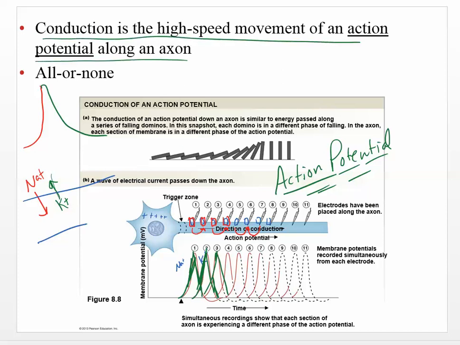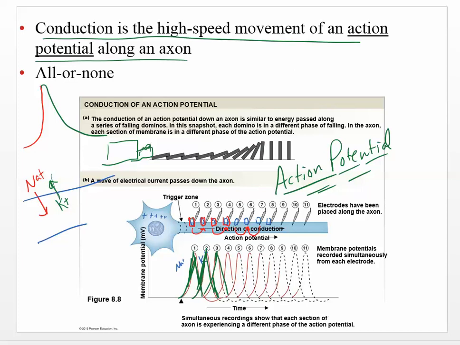Now, it kind of works like dominoes. The other important thing about dominoes is it doesn't matter how hard you push the first domino. You could barely tap it over with your finger, or you could drive a truck into it, and it's not going to matter. That's supposed to be a truck. It doesn't matter because once you knock that first one over, they're all going to fall the same. It's the same thing with an action potential.